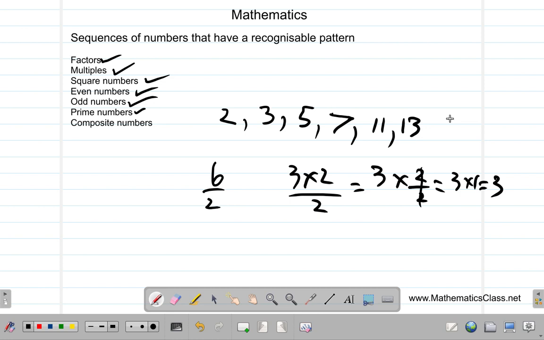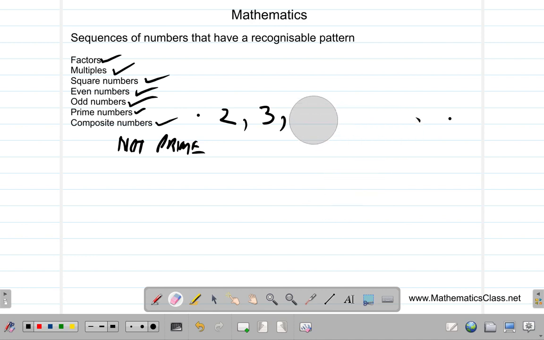Now, the next thing we have are composite numbers. Composite numbers are numbers that are not prime. Something like 4 is composed of 2 and 2 multiplied.